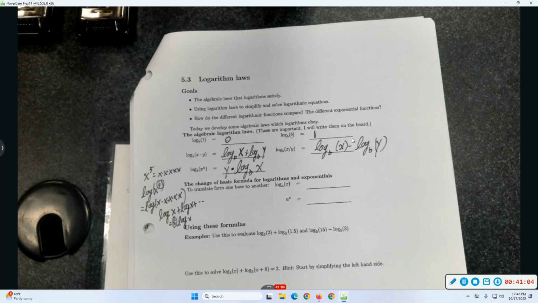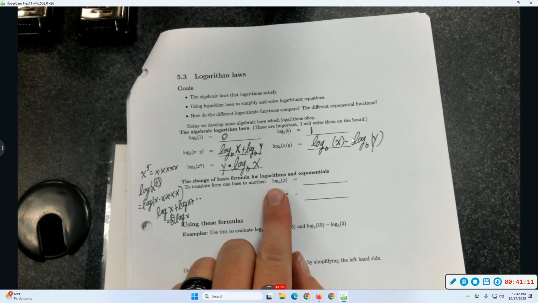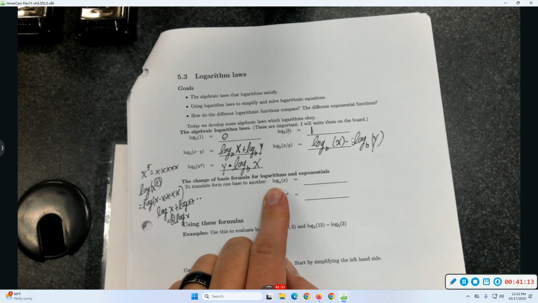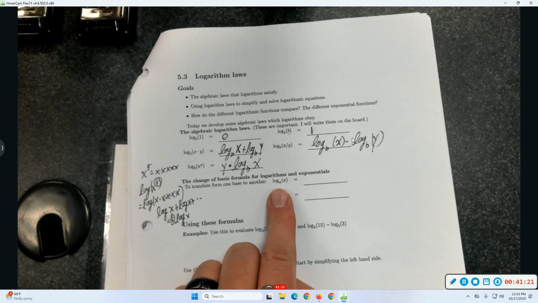And there are 2 more important rules that are worth having. The first is one we've used a few times as a computational crutch, and that's the change of base formula. Whenever you have a log that's in a base you don't like, either because you have a bunch of different bases in your problem and that gets annoying, so you should make them all the same, or you're in a situation where you want to use a calculator and it's not the base you want, you can change base.